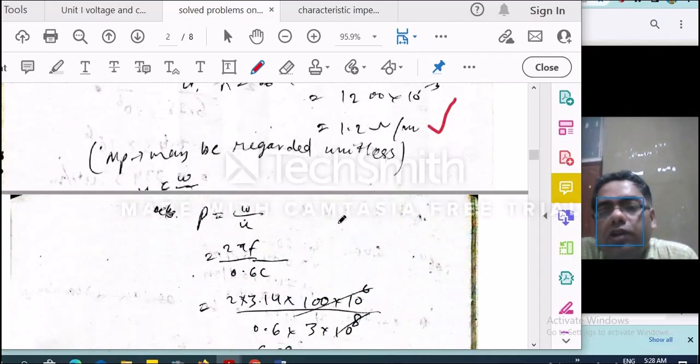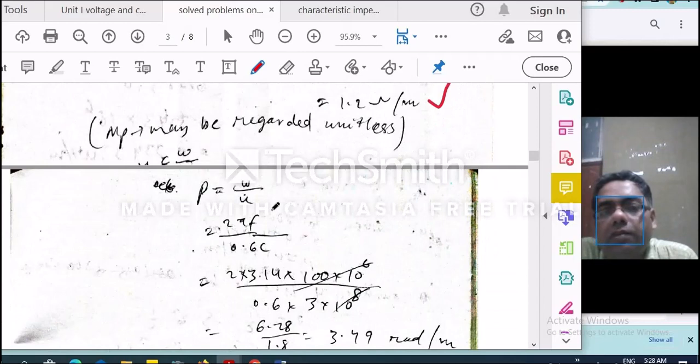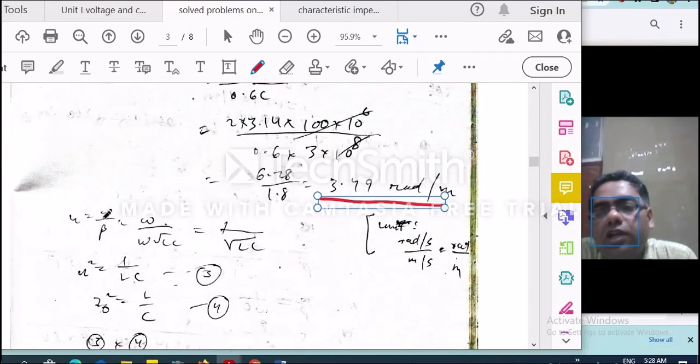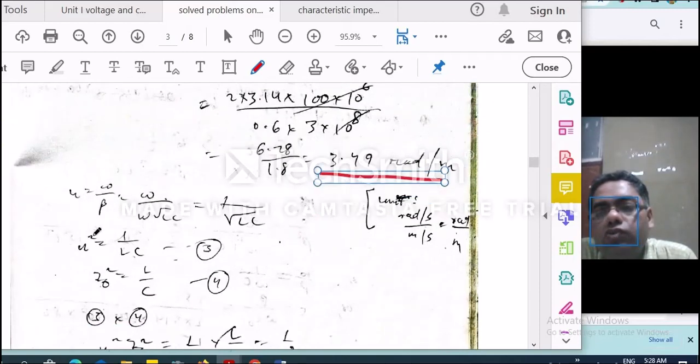Now beta is omega by u, as we have seen already. Omega is 2 pi f and u is 0.6 c, so from this we get beta as 3.49 radians per meter. Now velocity is omega by beta, which is 1 by root LC, so u square becomes 1 by LC.